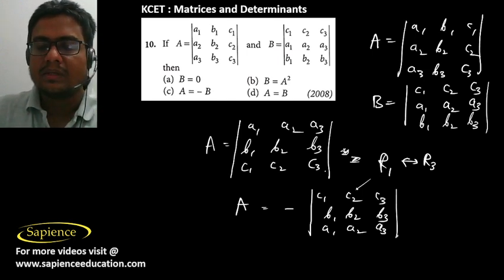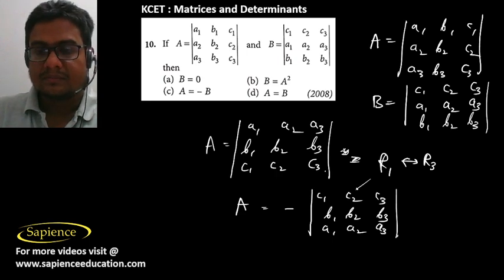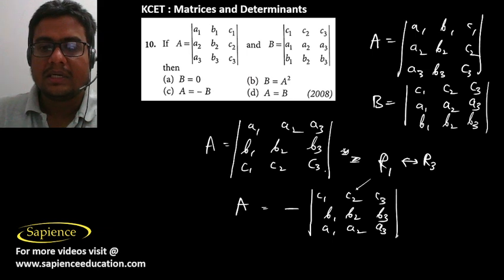Since when two rows are interchanged, the sign of the determinant will change.